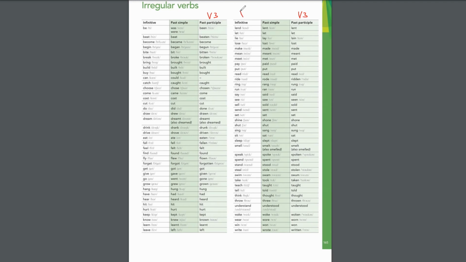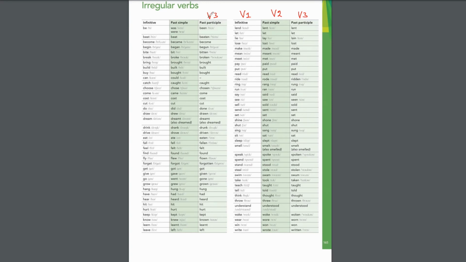When I say verb 1, this is verb 1 or the infinitive form. Past simple is the second form. We say verb 2. All right. Some teachers say it's not the right way of explaining it. That's fine, as long as you understand what we're doing and how to apply it. So infinitive is verb 1, past simple is verb 2, and past participle is verb 3.